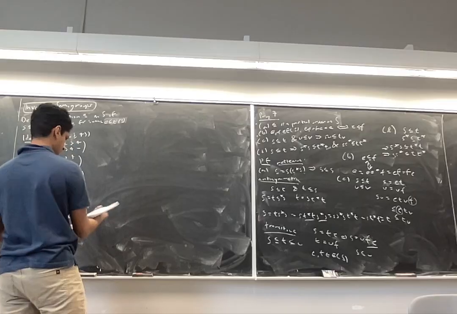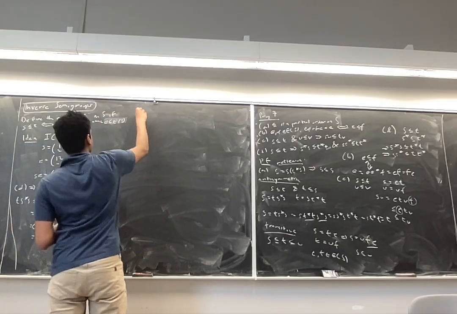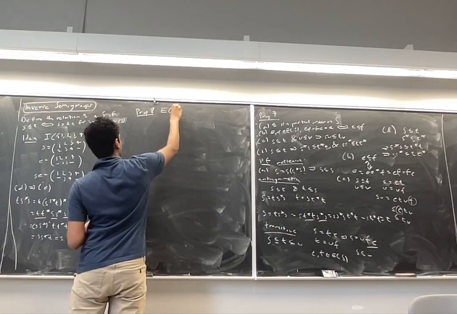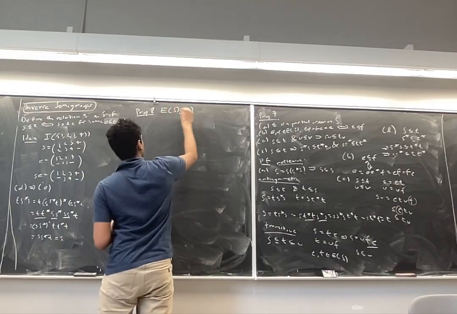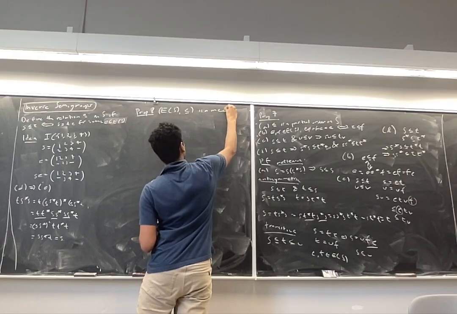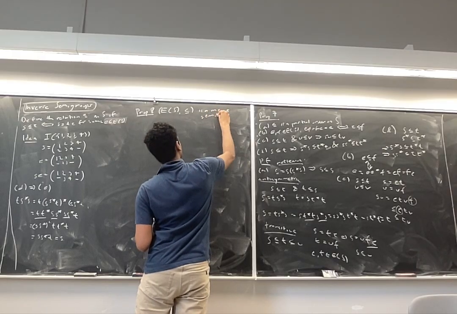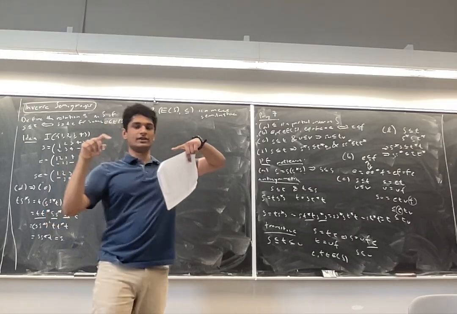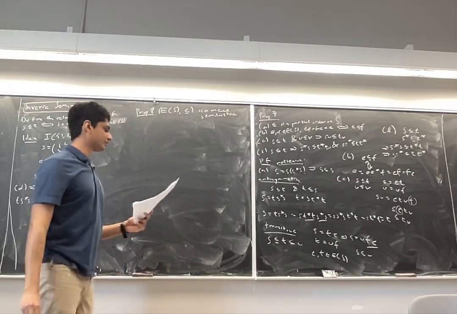We're going to prove that if I just look at the set of idempotents, then this natural partial order on the idempotents is a meet semi-lattice. What does this mean? It means for any two idempotents, there exists a greatest lower bound.